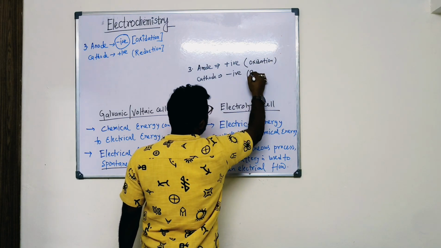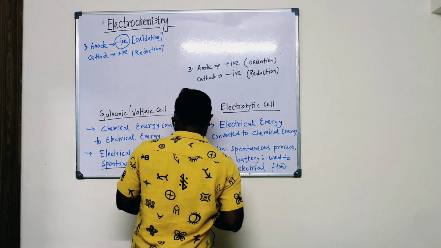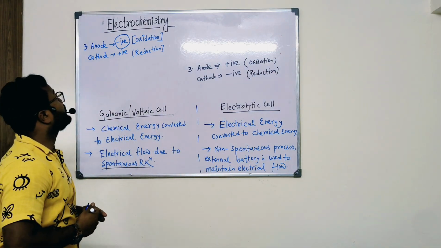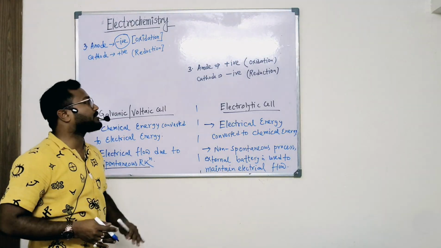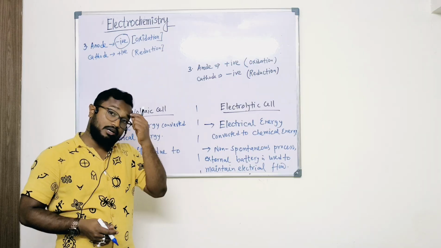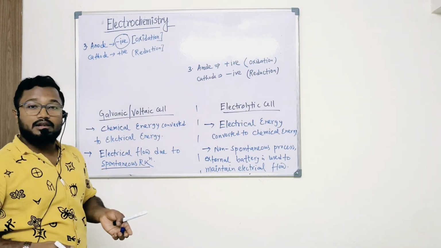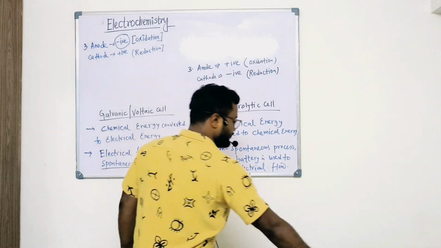And in case of cathode, reduction will happen, there is no oxidation. So whenever we are discussing electrochemistry in electrochemical cell, we have to keep these two things in mind. Now let's elaborately discuss the galvanic cell or voltaic cell, that is also known as Daniell cell.